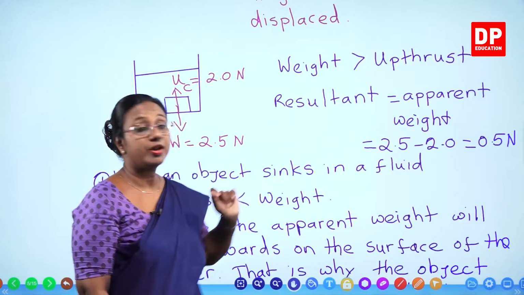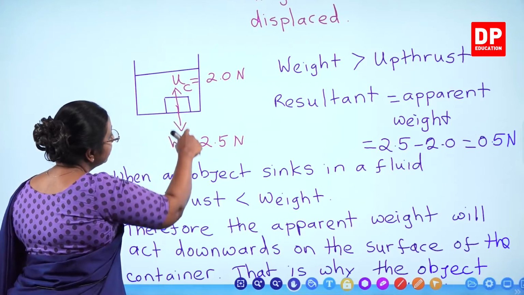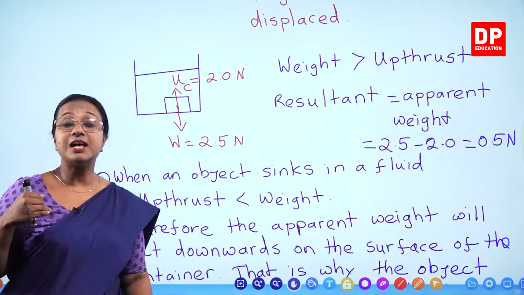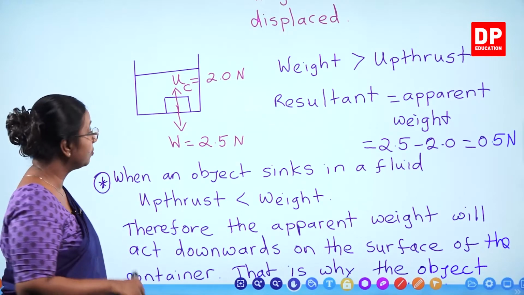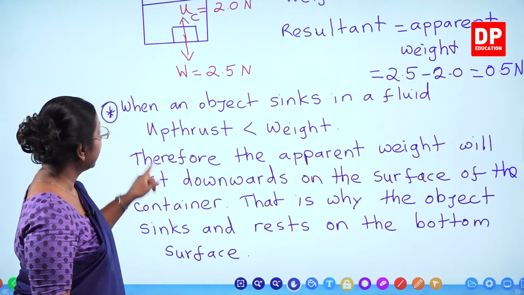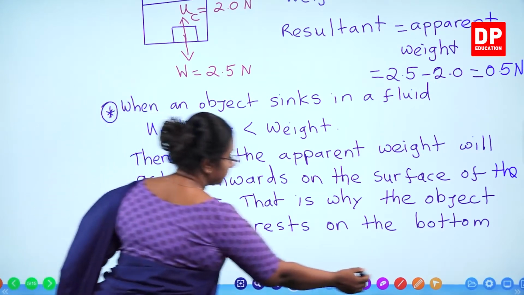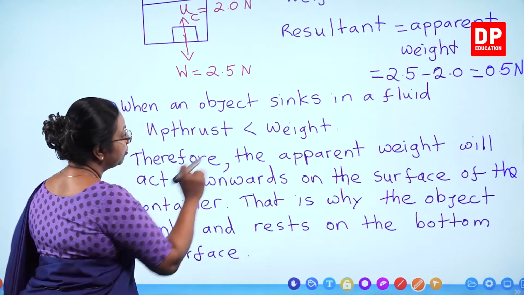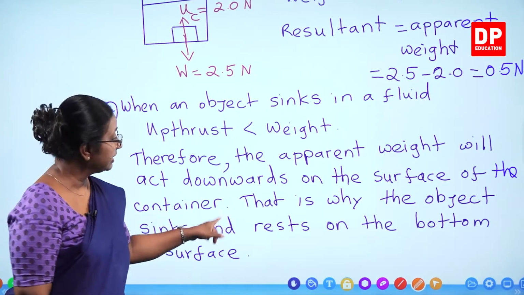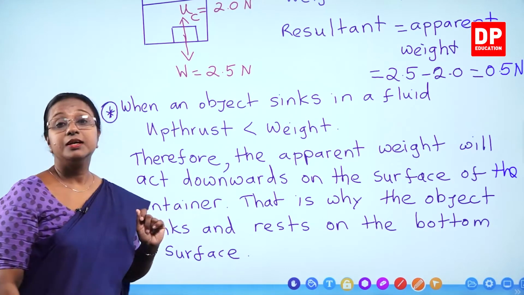That was just 0.5 Newton, and that is always acting downwards. That's why the object goes down. This is a greater force, this is less force. So there is a resultant force downwards, apparent weight. So therefore, when an object sinks in a fluid, upthrust is less than weight. Therefore, the apparent weight will act downwards on the surface of the container. That is why the object sinks and rests on the bottom of the container.